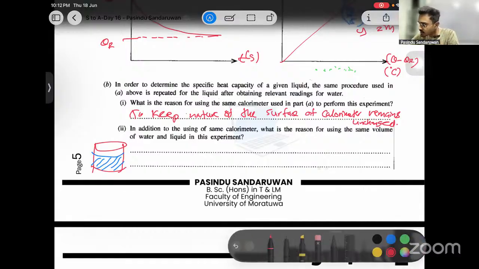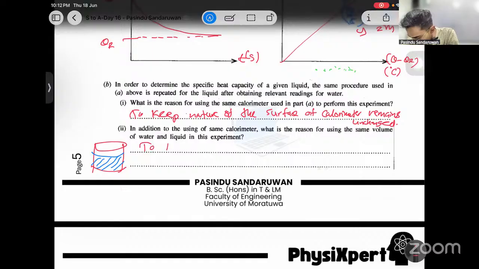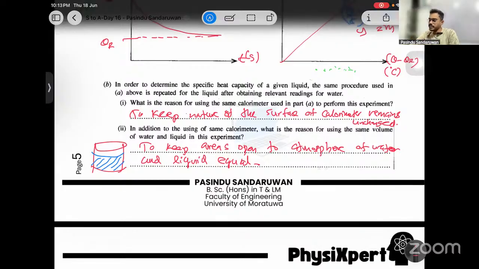Then the answer is to keep areas open to atmosphere of water and liquid equal.